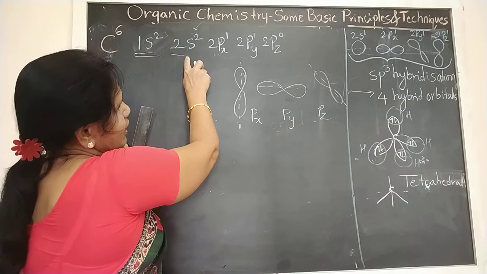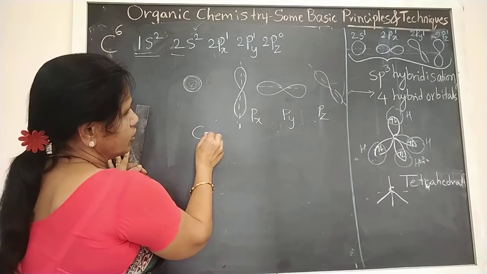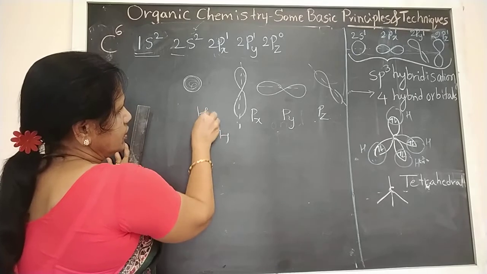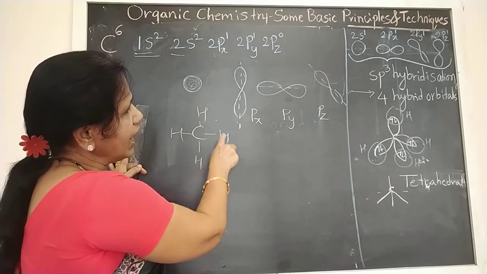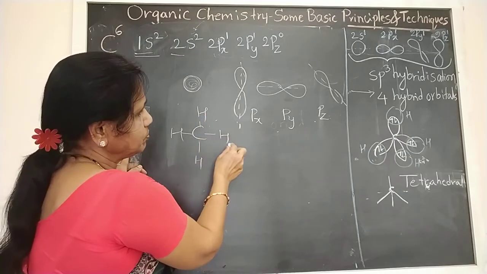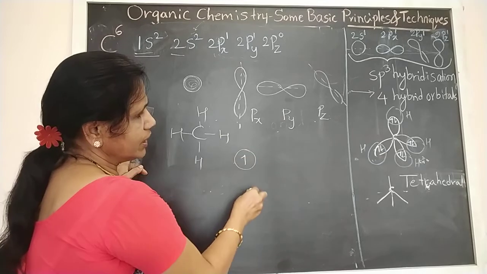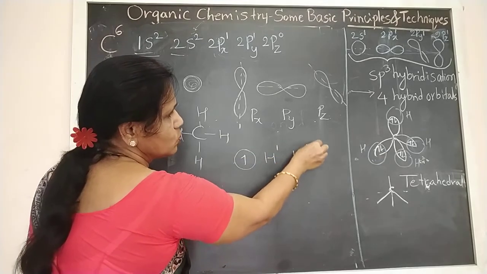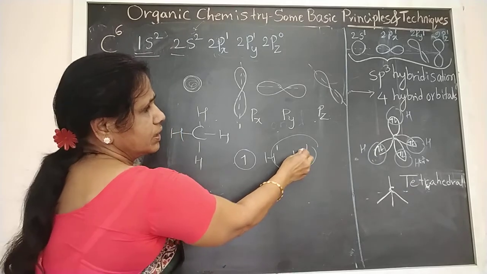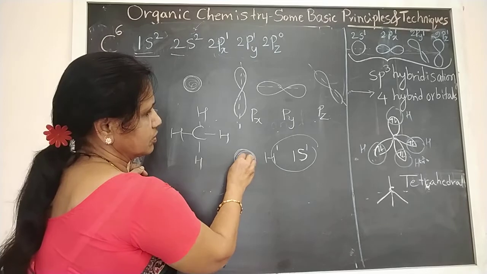In case of carbon, during the formation of methane, the formula is CH4. The hydrogen atom has only one s orbital containing one electron, because hydrogen has atomic number 1 and configuration 1s1.